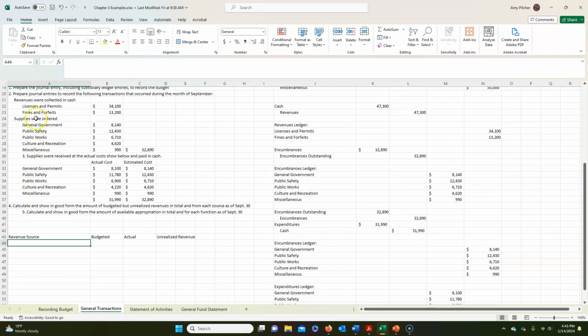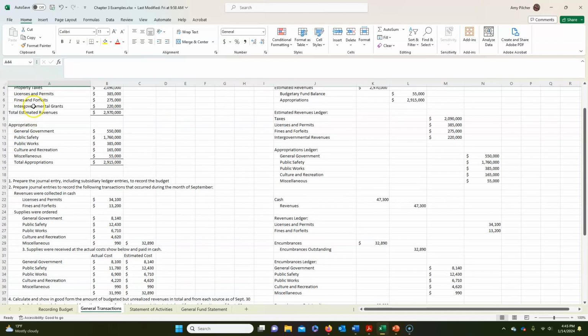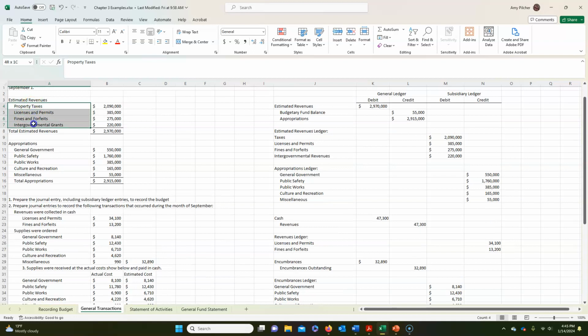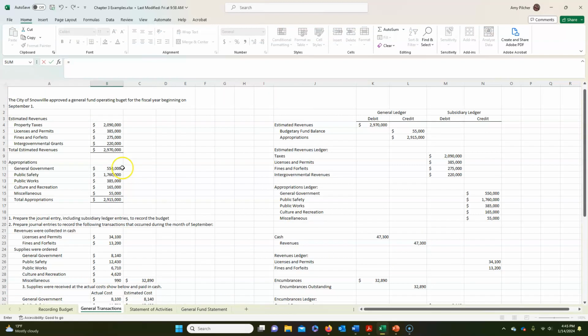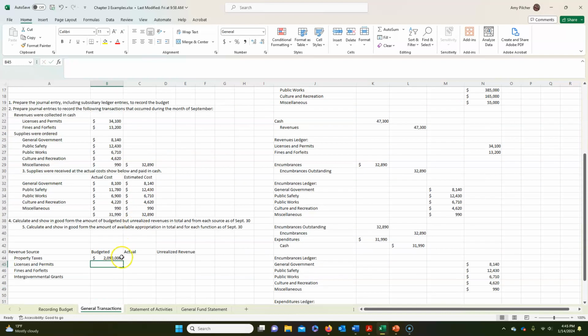So we have these revenue sources of property taxes, licenses and forfeits, grants. We have our budgeted amounts here. Carry down. Let's do a total column. And we have the actual amounts received.